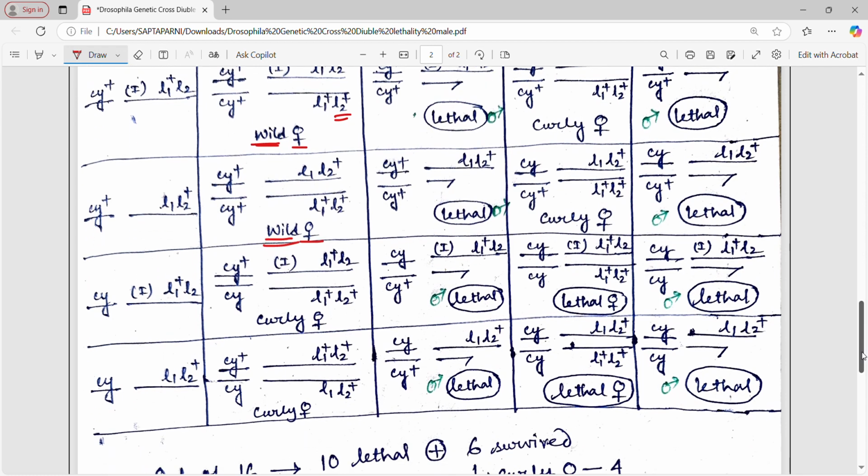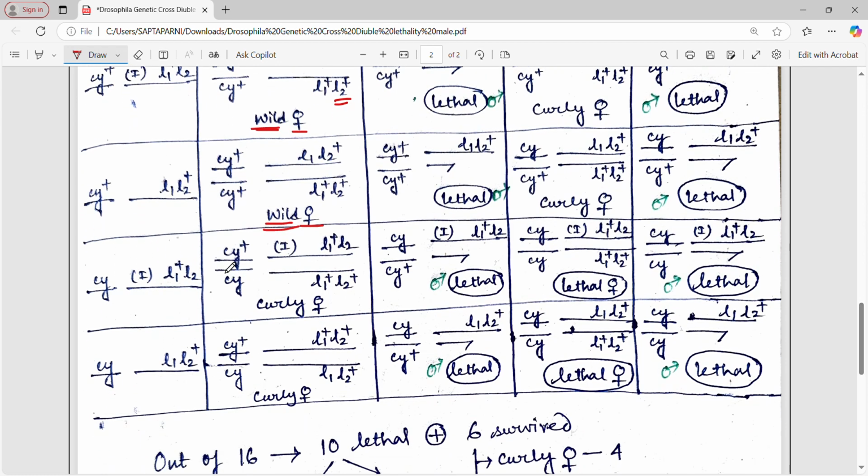Then CY plus CY, so it will be Curly, and it has 2 X chromosomes, so it will be female, and as it has both wild forms of L1 and L2, it will be a surviving female. Then CY plus CY, so it is Curly, and it has 2 X chromosomes with both wild forms of L1 and L2, so it will be a surviving Curly female.